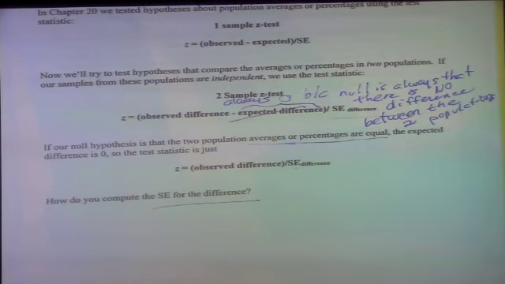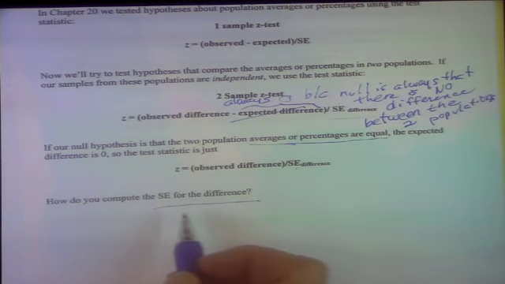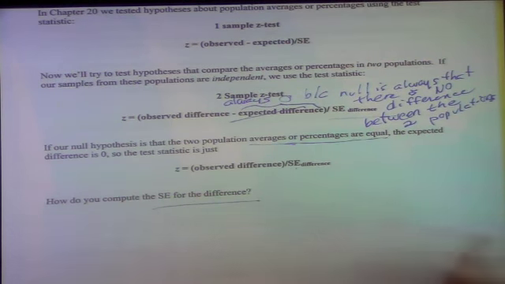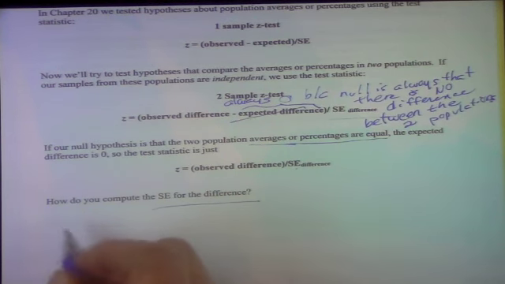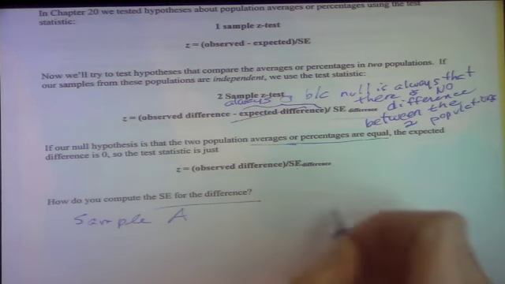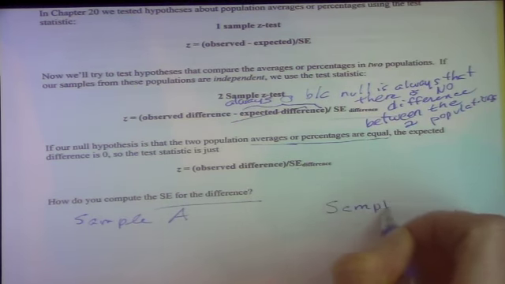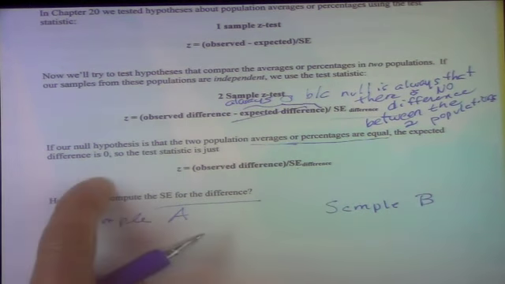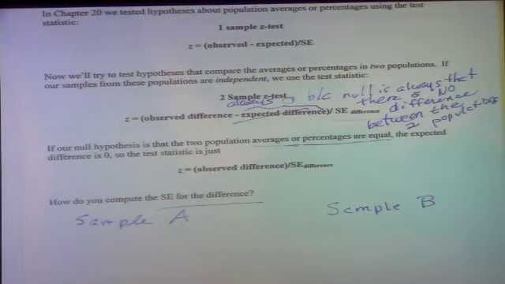Let me just tell you in general. Let's say you had two samples: a sample A from an A population, and a sample B from some B population.